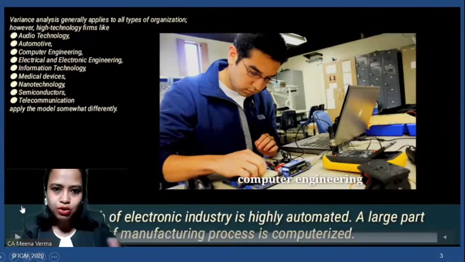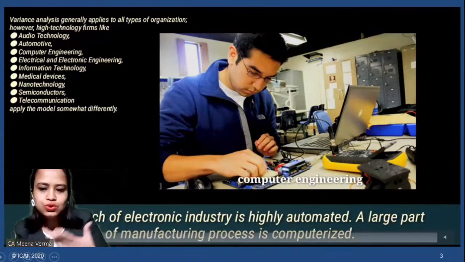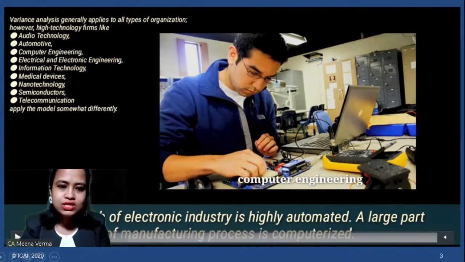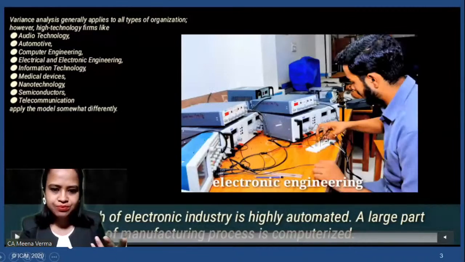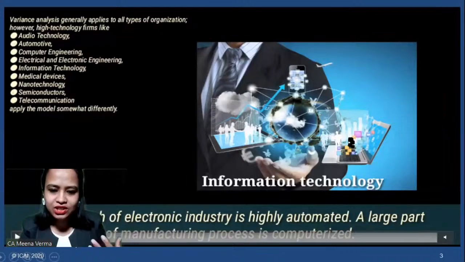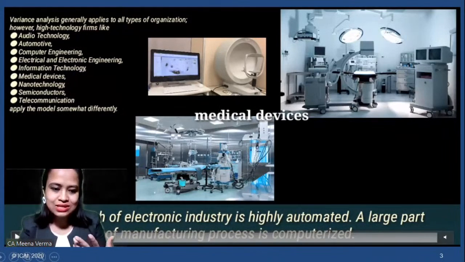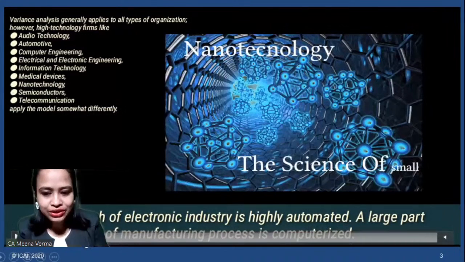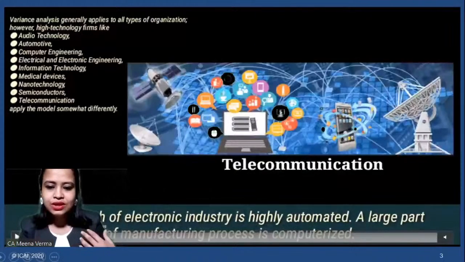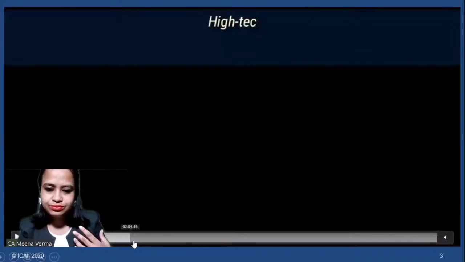Similarly, this is about the automobile industry. Similarly, if you are doing something related to computer engineering, then also you need technology. Electronic engineering, information technology, medical devices, nanotechnology, semiconductors, telecommunication systems.